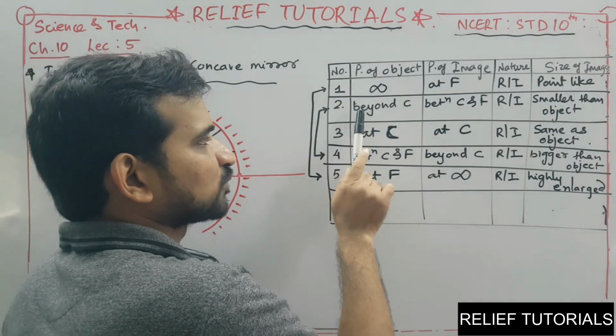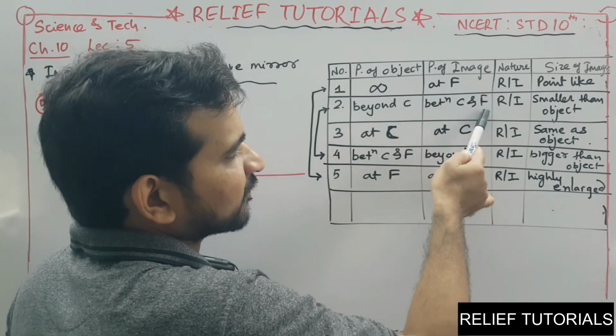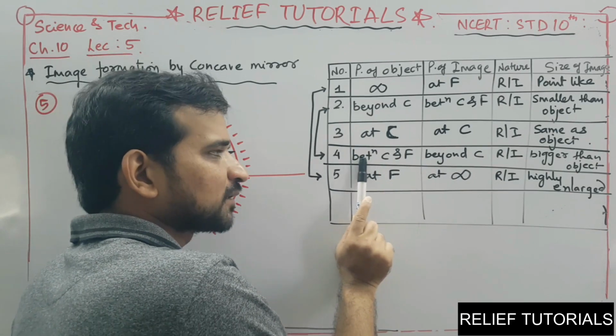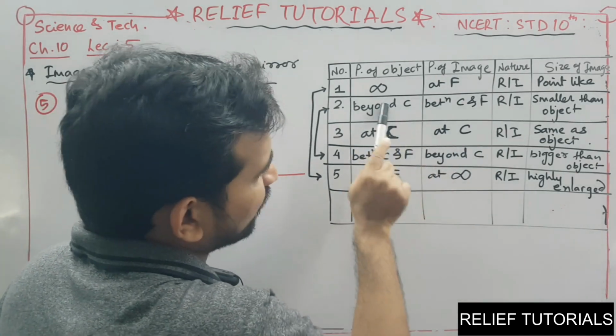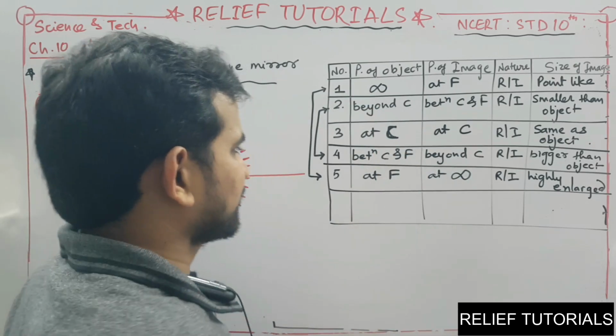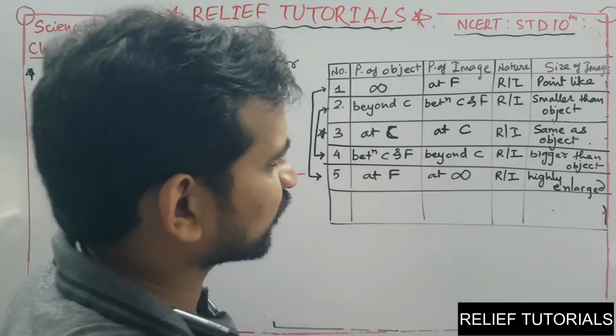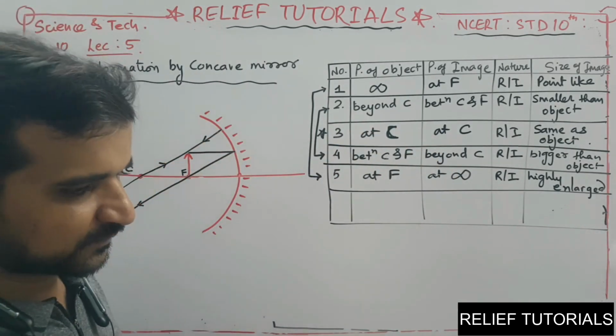If you place the object beyond C, image is between C and F, and if you place the object between C and F, the image is beyond C. You can see the places are reversed. And see the third case, if you place the object at C, the image is also at C.